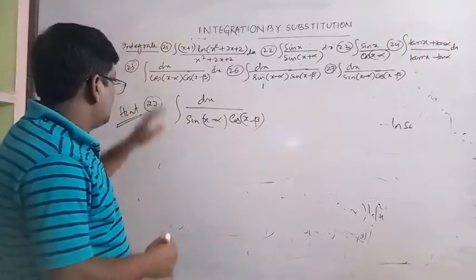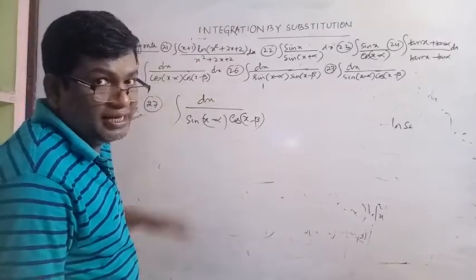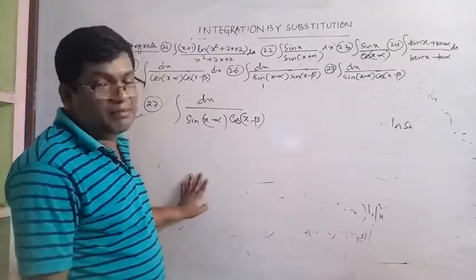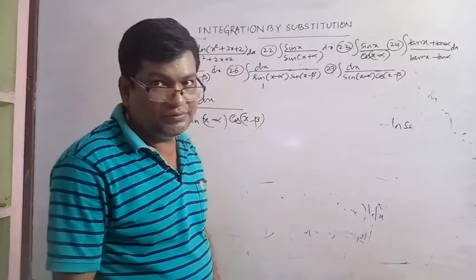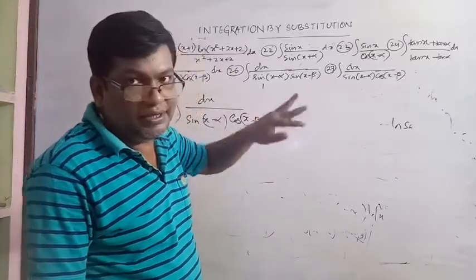If sin is present, then the process is 1 by sin(alpha − beta), multiply and divide.